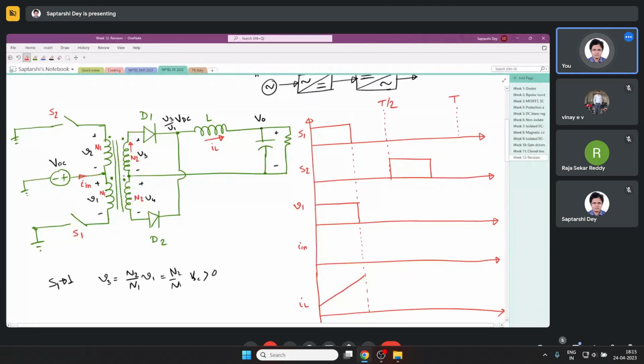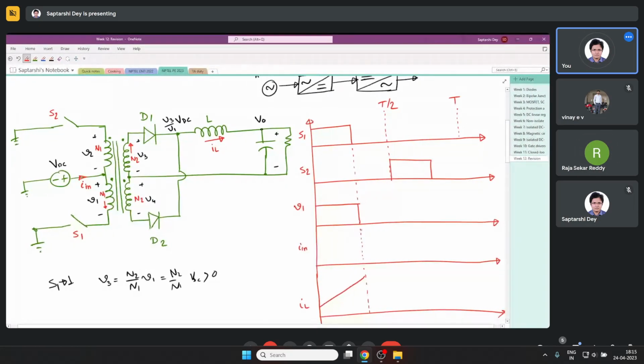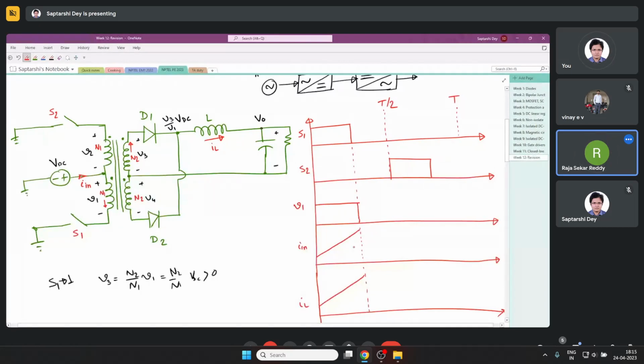Now this current will be reflected here, so it will come like this. So I in will also look like this with proper scaling. Yes, with proper scaling. So like this.